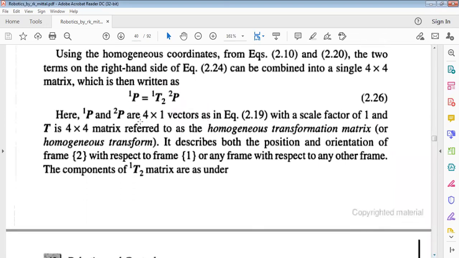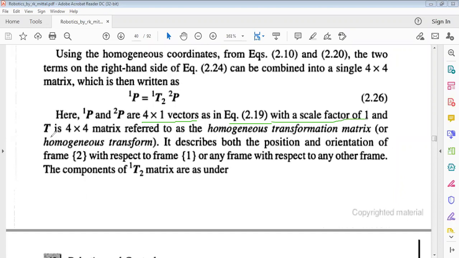Let us read this paragraph. Here 1P and 2P are 4 by 1 vectors according to homogeneous transformation, as in equation 2.19 we have seen previously, with a scale factor of 1.